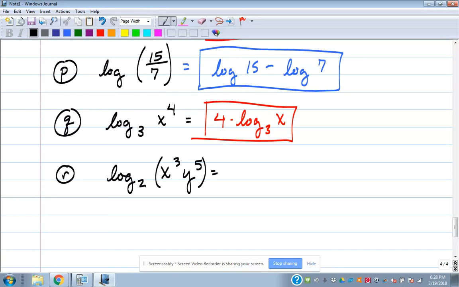Multiplication. So that's going to split into what? Addition. What about the exponents on the x and the y? Yeah, they're going to drop down to the front using that property. So it'll be 3 log base 2 of x plus 5 log base 2 of y.